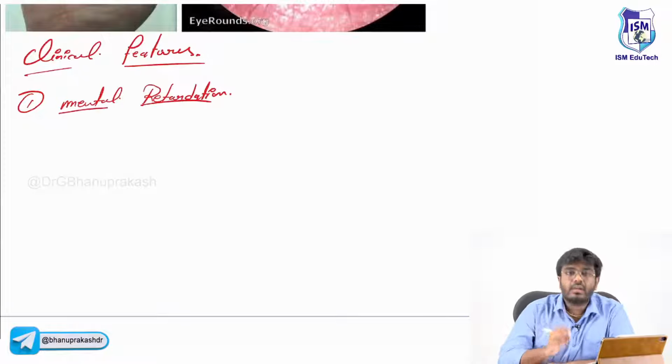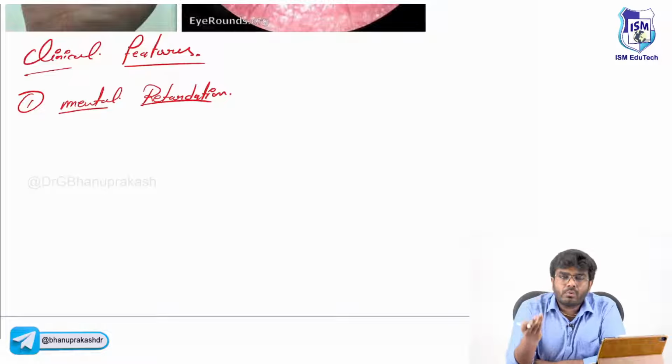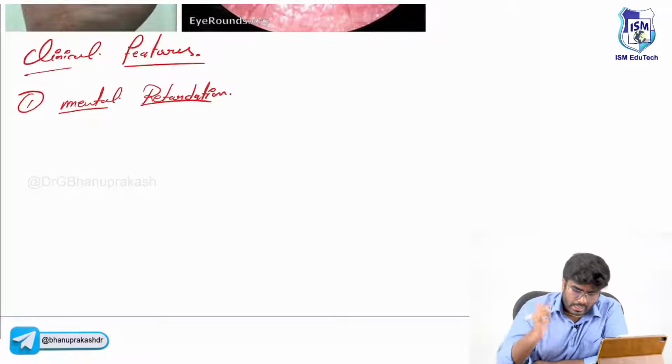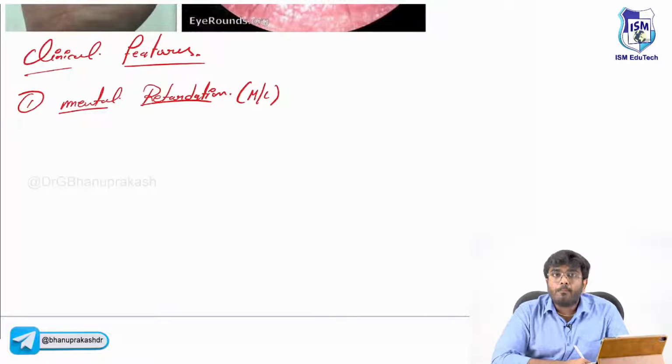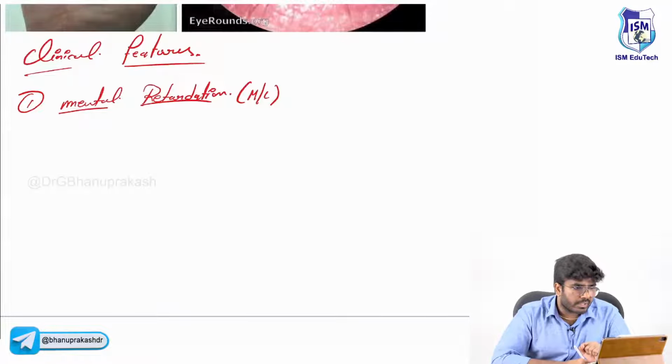Remember, for your entire life, Down's, Edwards, Patau, trinucleotide disorders, all the chromosomal disorders are going to present with mental retardation, no doubt. And Down's is the most common cause of mental retardation among the chromosomal disorders.